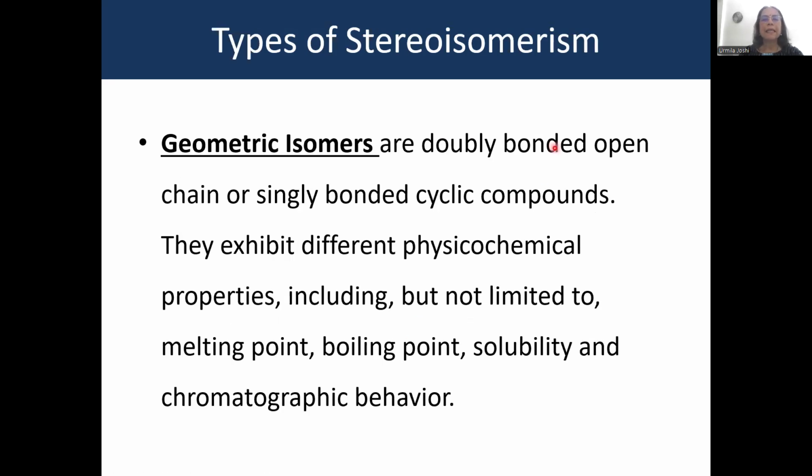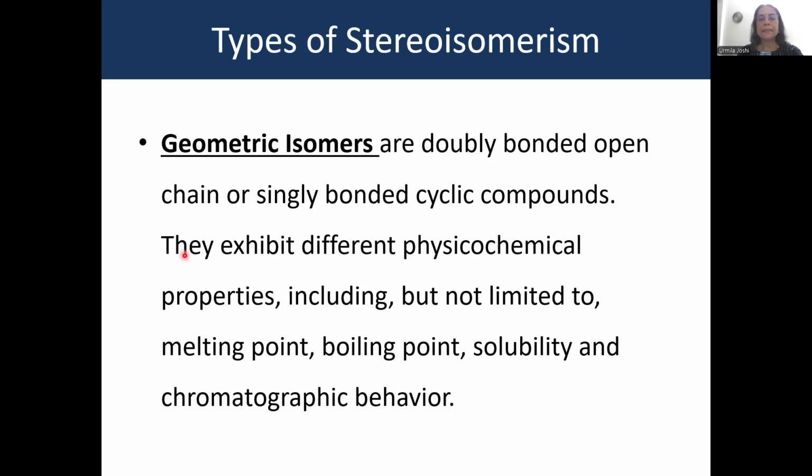The stereoisomers are mainly divided into two types. First are geometric isomers. Geometric isomers are either doubly bonded compounds, they are open chain, or they can be singly bonded cyclic compounds.